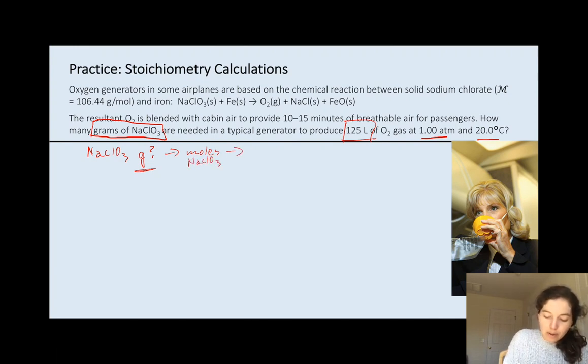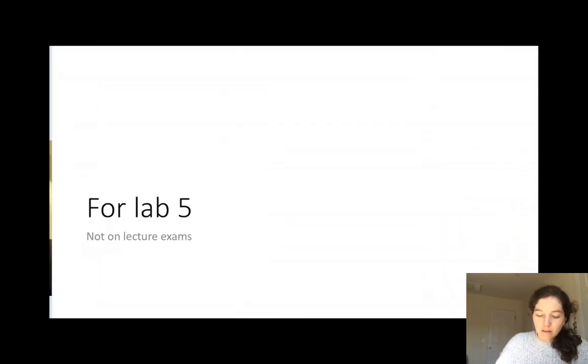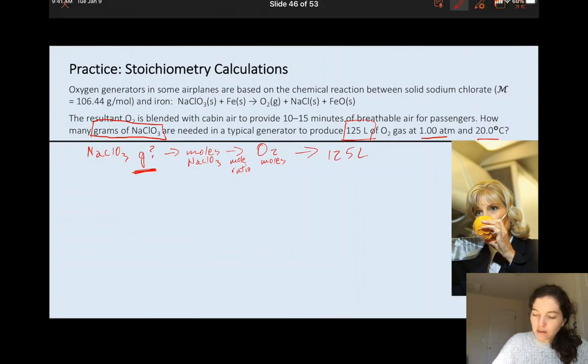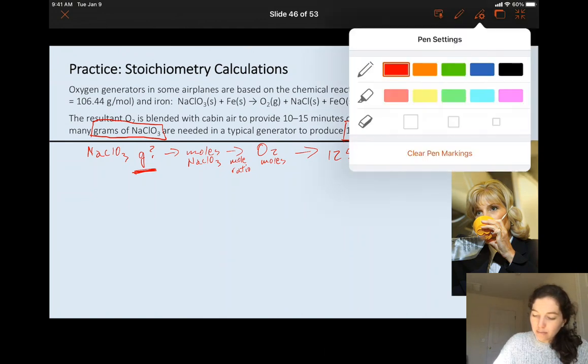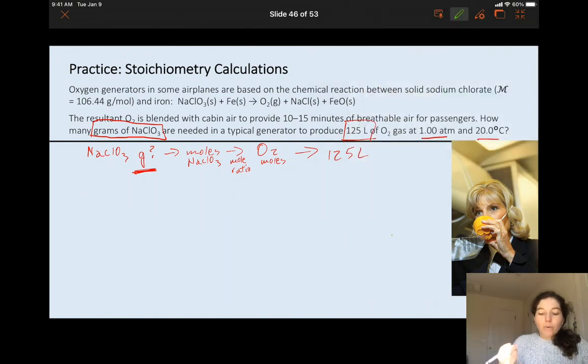We're going to use our mole ratio here to get to our other substance, which is O2 moles. And then from there, we're going to go to liters, 125 liters. Okay, so this is how we're going to find this. So we're given 125 liters of oxygen gas and we want to find grams, so we're going to go the other way. We're going to be going backwards, okay?